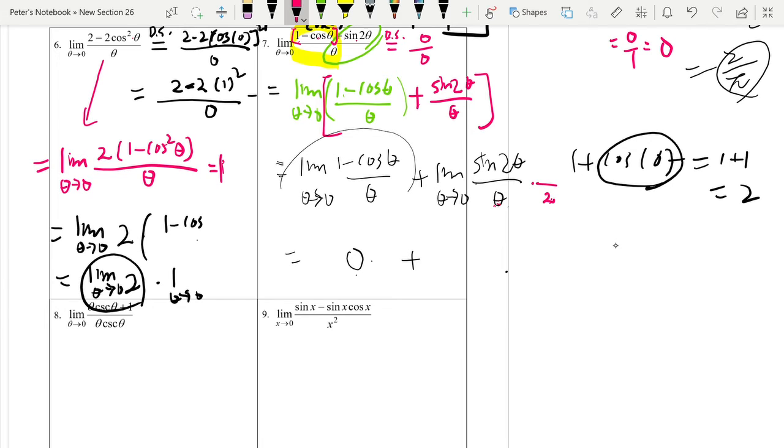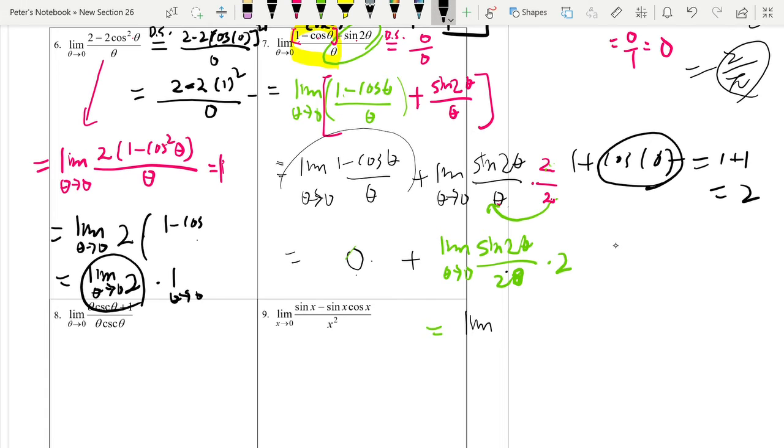But I cannot just create the value out of thin air, so I have to do 2 over 2, which gives me the limit of sine 2 theta over 2 theta. So I borrow 2 to get over there, but then we cannot ignore the 2 over here. So what I'm going to get is 0. Let's ignore 0 now because we took care of that. We just have to take care of that part.